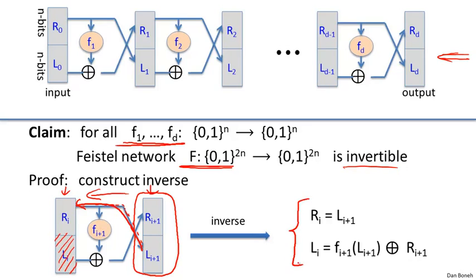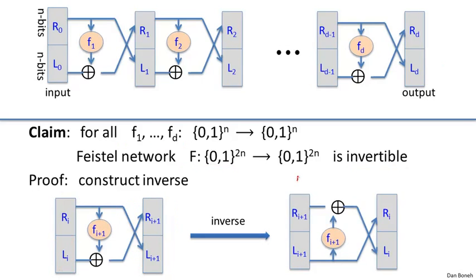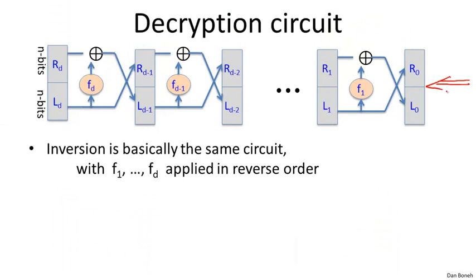If we draw this as a diagram, here you notice the input is Ri plus 1, Li plus 1, and the output is Ri, Li, so we're inverting the round. The inverse of a Feistel round looks pretty much the same as the Feistel round in the forward direction. It's literally, just for a technical reason, the mirror image of one another, but it's basically the same construct. And when we put these inverted rounds back together, we essentially get the inverse of the entire Feistel network.